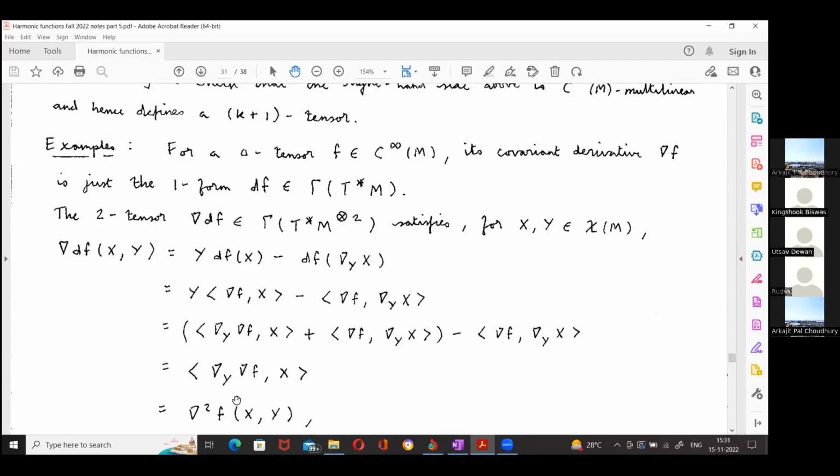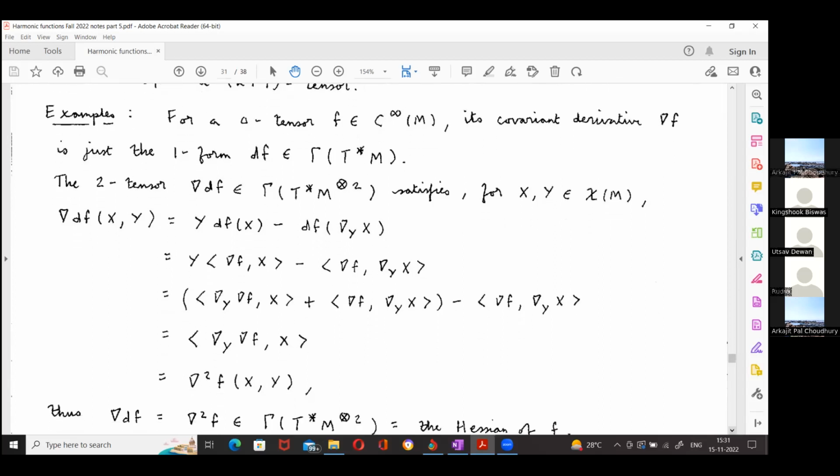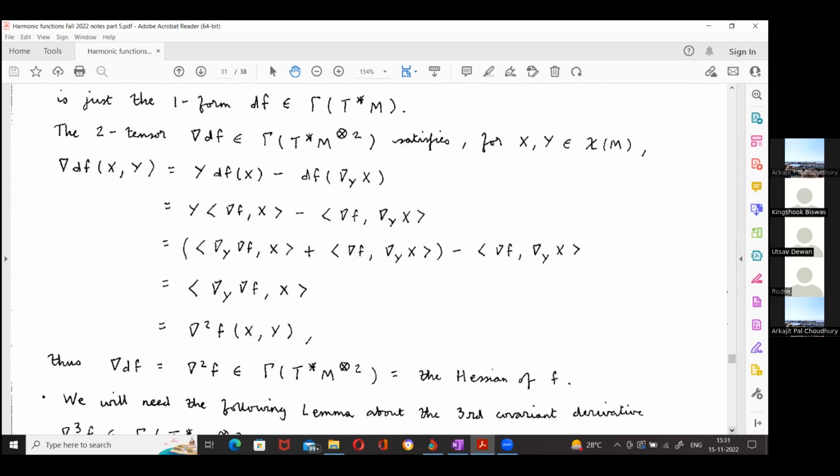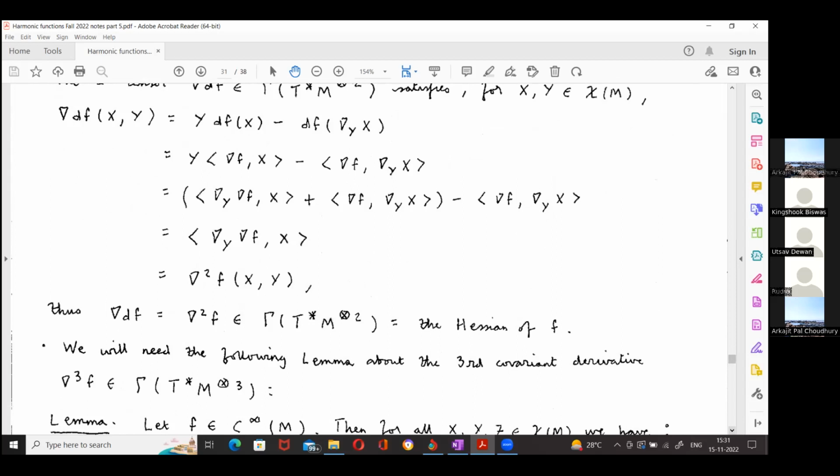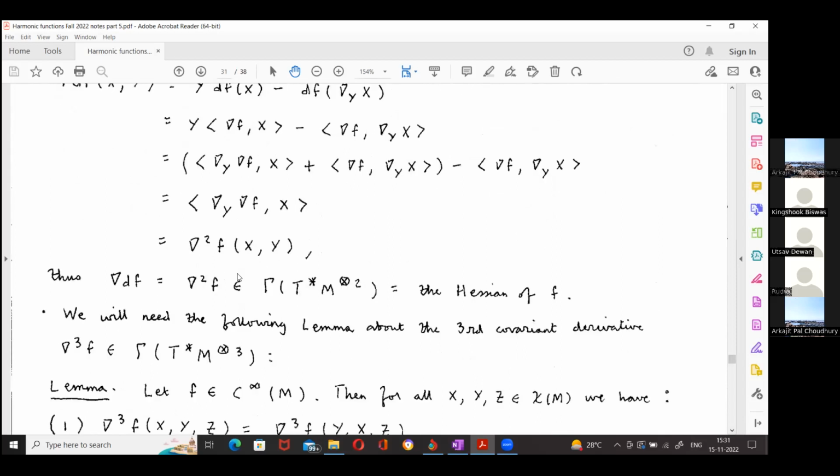And if you remember the definition, this is nothing but the Hessian of f acting on x, y, right? This is just the definition of the Hessian. So for a function, its second covariant derivative is nothing but nabla df. This is the Hessian, nabla squared f.